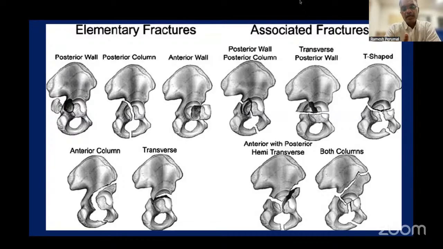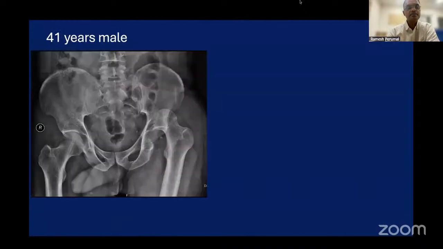When there is an anterior column with a posterior hemitransverse, that is another type of associated fracture. The last classical one is the both column fracture, where both the columns have fractured, and there is a dissociation of the weight bearing articular segment from the axial skeleton. This is one of the severe forms of acetabular fractures.